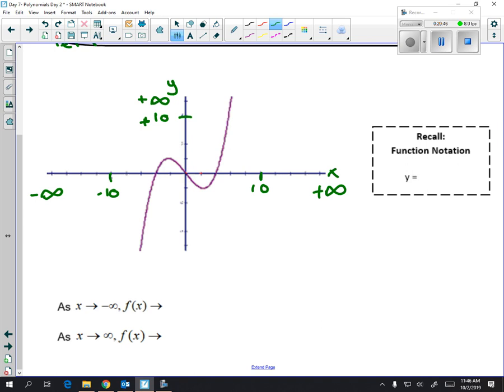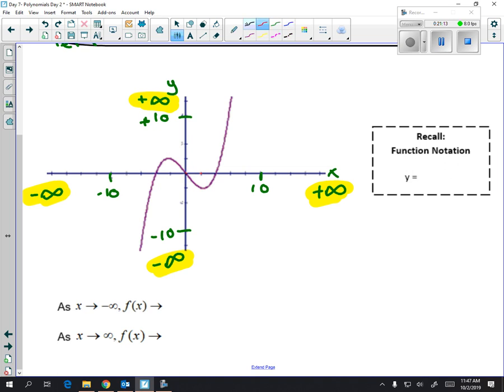Negative 10 would be at the bottom because negative y values are at the bottom of the graph. You could keep counting down forever until you get to negative infinity. So these 4 points, I want to use yellow. These 4 are always important because they'll help you out with what's going on.